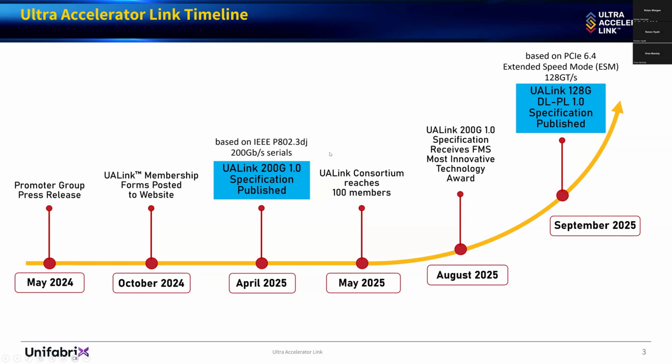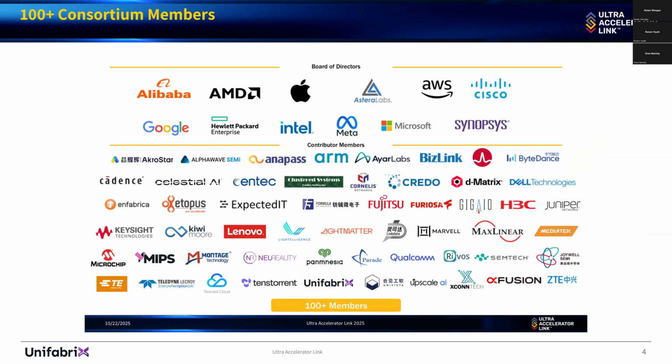This is based on Ethernet physical IEEE 802.3dj, and the variant based on PCIe, UALink 128G, the data link layer and the physical layer, was published in September 2025, which is actually based on PCIe 6.4 with extended speed mode at 128 gigatransactions per second. Some of the consortium members of UALink, and here UniFabrics at the bottom of the slide.